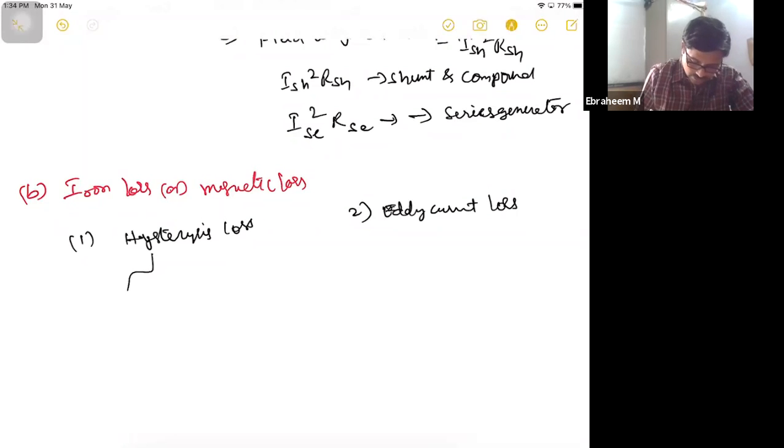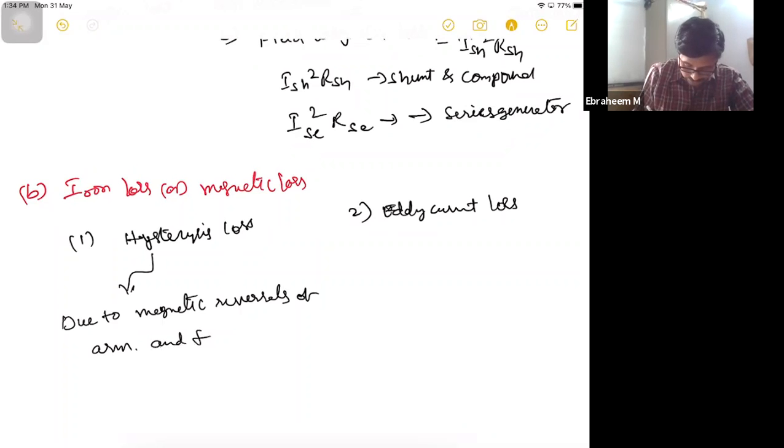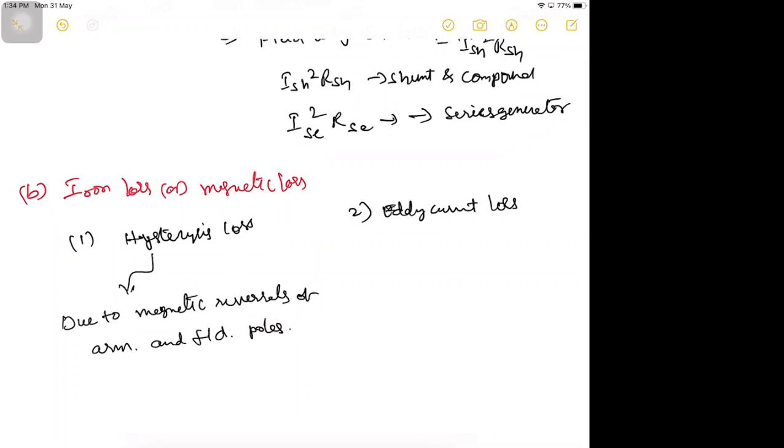So this is due to magnetic reversals of the armature and field poles. Did you get this point? Yes, sir. What do you mean by magnetic reversal?